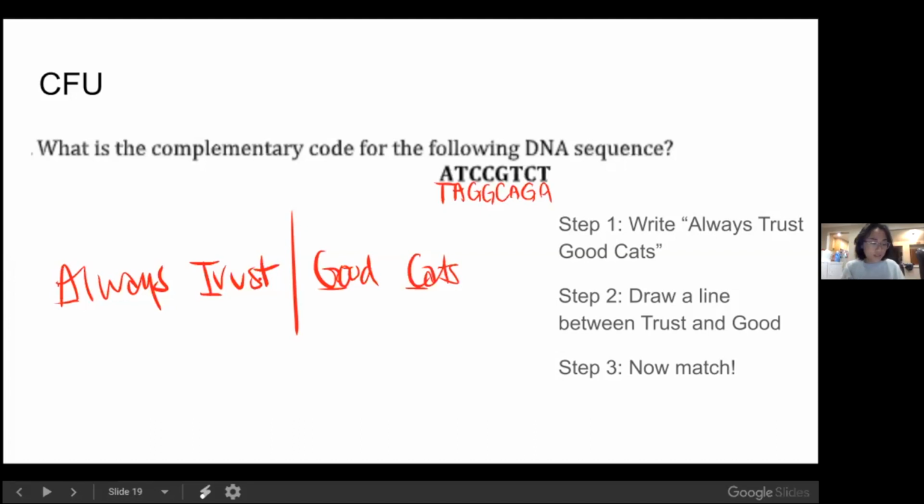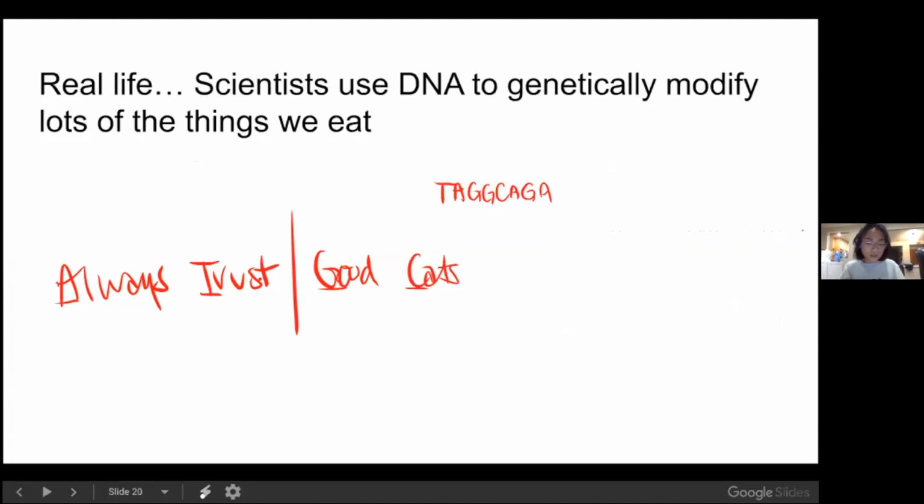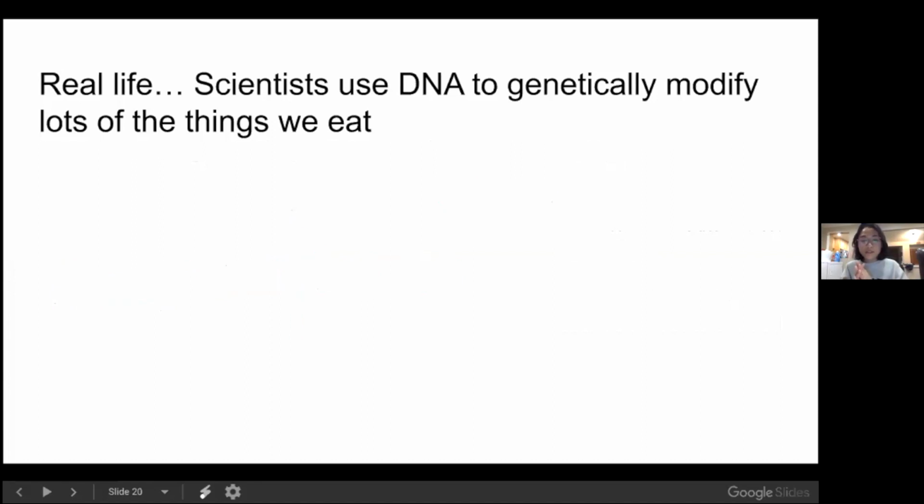There you go. And yeah, so in real life, well, I guess I'm going to talk about this next week, but I just wanted to tell you that the reason why we look at DNA from strawberries is because we're able to genetically modify a lot of things we eat.